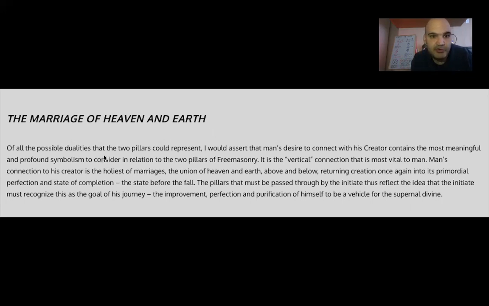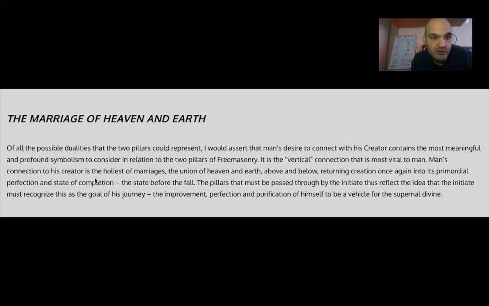So of all the possible dualities that the two pillars could represent, I would assert that man's desire to connect with his creator contains the most meaningful and profound symbolism to consider in relation to the two pillars of Freemasonry. It is a vertical connection that is most vital to man.